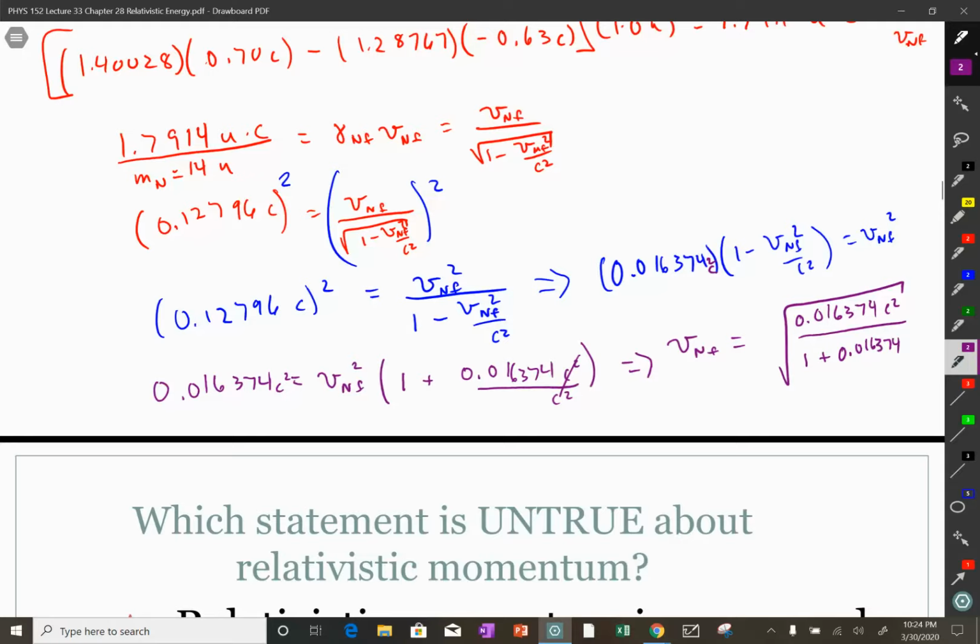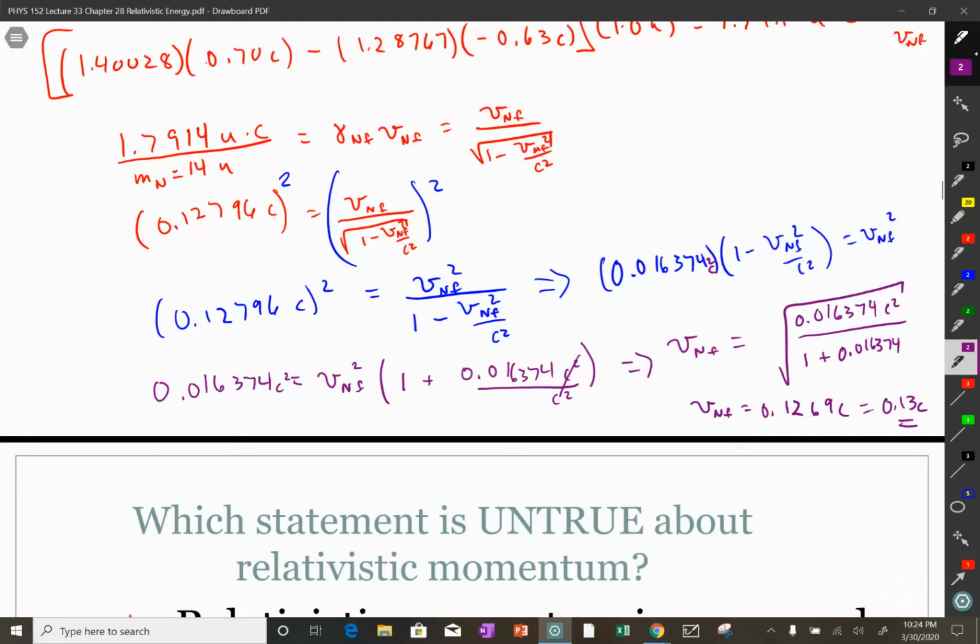Square root of that crazy number divided by 1 plus that crazy number. And indeed, I get the same number. So Vn final equals 0.1269 C. Now, we only have two significant digits here, so that's actually 0.13 C.